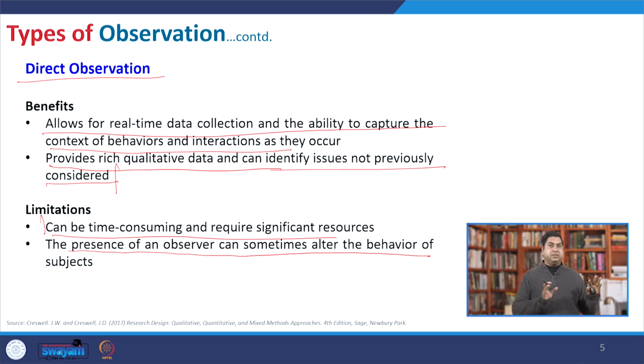This is just a different example I am setting up, but similarly, when you try to notice how people cross or violate certain rules, if there is a sense that somebody is observing and that may lead to violation charges or penalties, then the naturalistic behavior may change. So this is a limitation of direct observation.